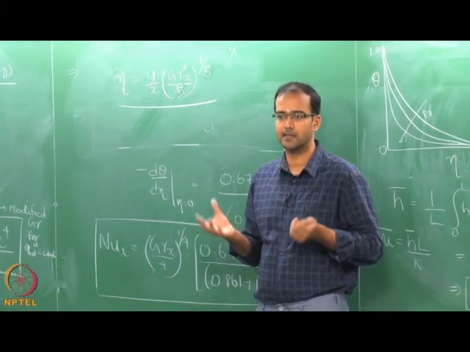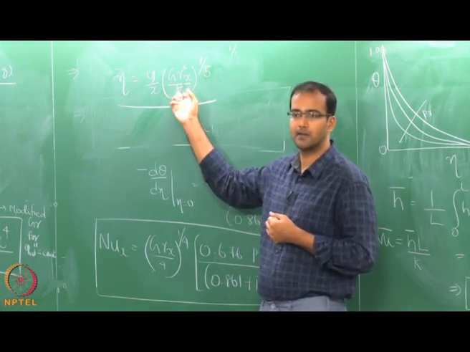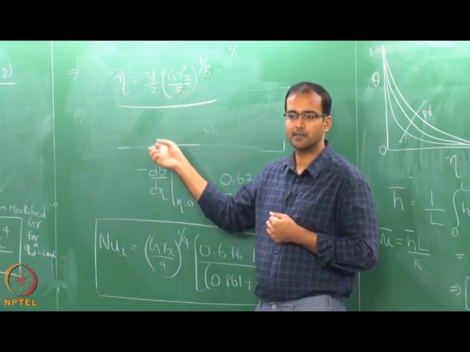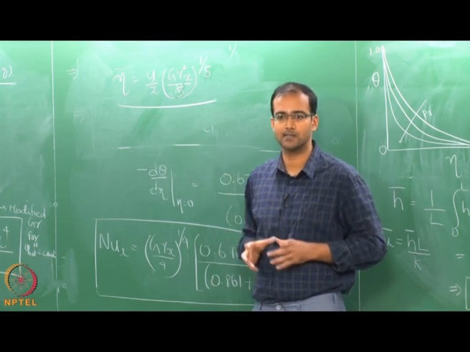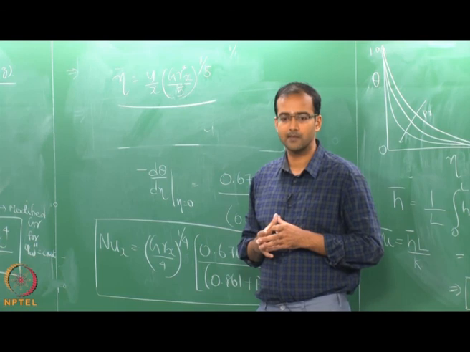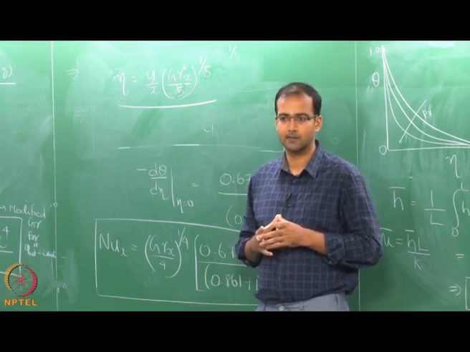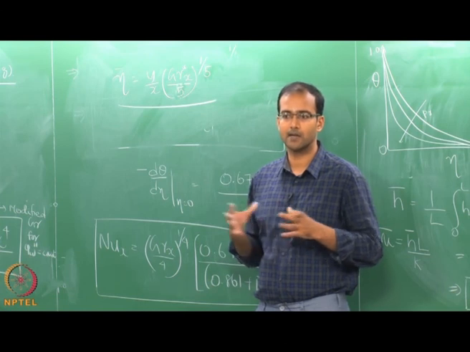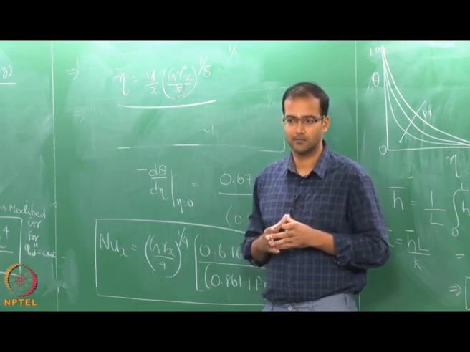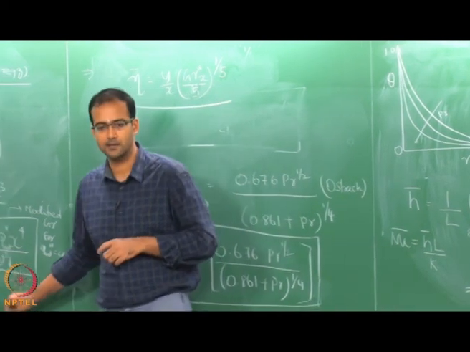The rest are details. Once you identify the similarity variable, then finding velocities and substitution are all standard procedures. Maybe you can do this as an exercise and check what kind of similarity equation you get. Then we will meet in the next class.